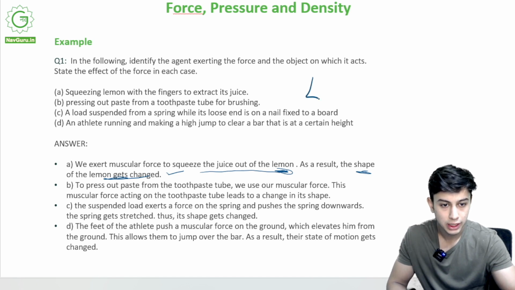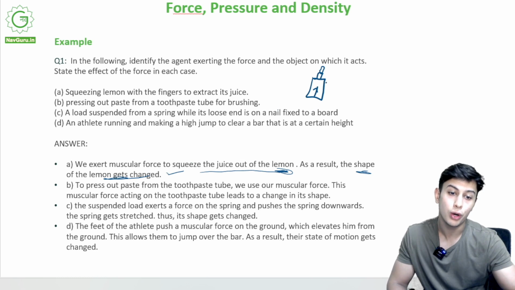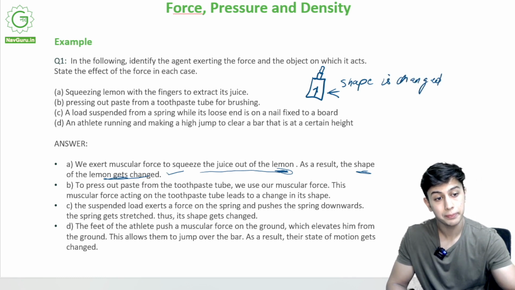Supposedly this is your toothpaste, you are pushing in this direction and it comes out like this, on your toothbrush. What is happening? You are putting force, again using muscular force, pushing on the toothpaste. What happened? Shape is changed, right? So shape gets changed.